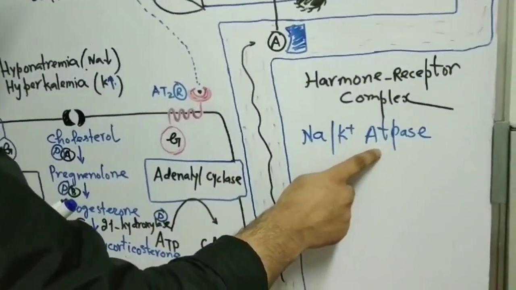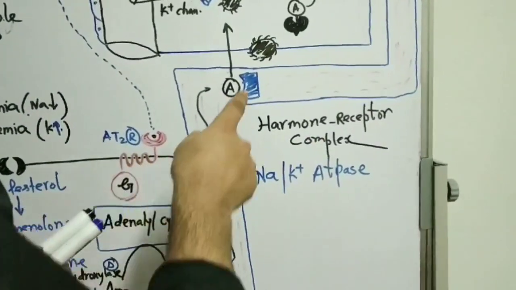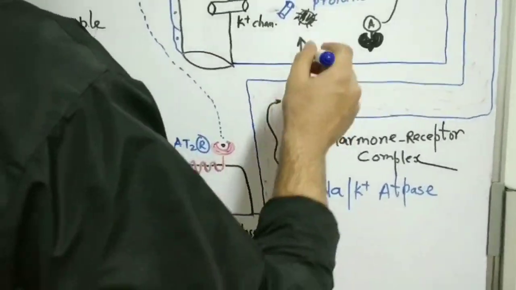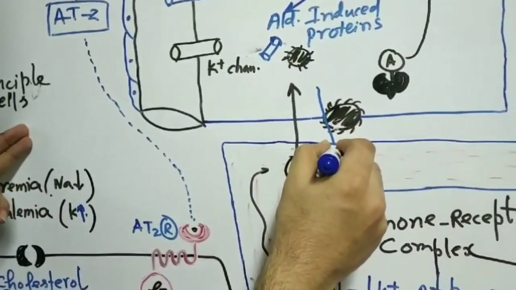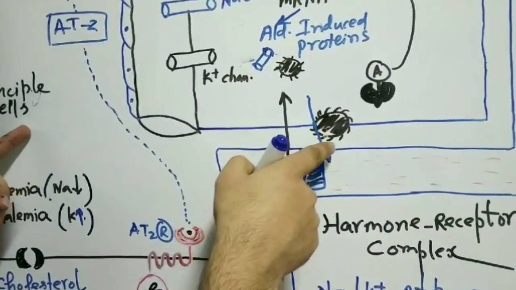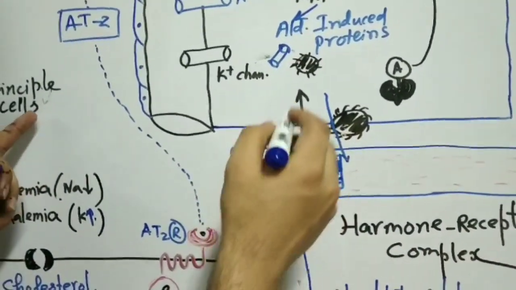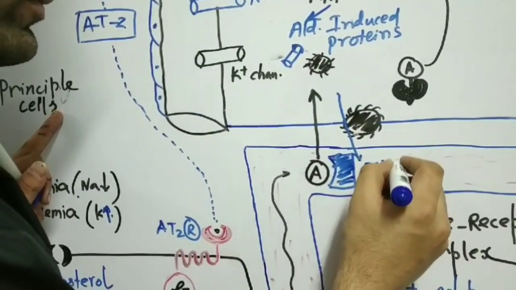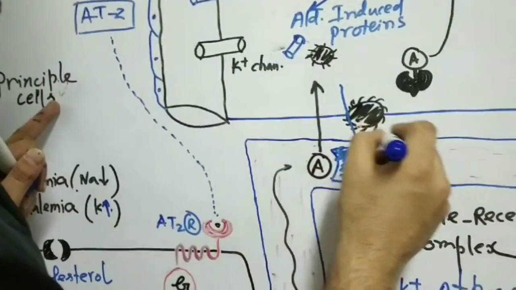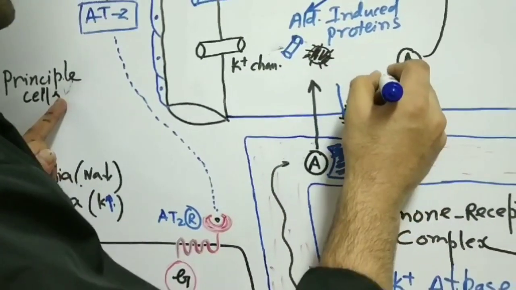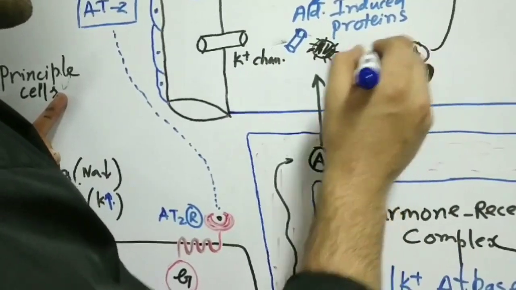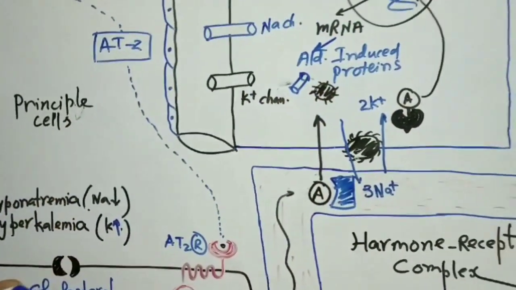It cannot work without the ATP. Now what is it going to do? Through this ATPase pump, 3 sodium goes out and from the blood 2 potassium come into the principal cell.